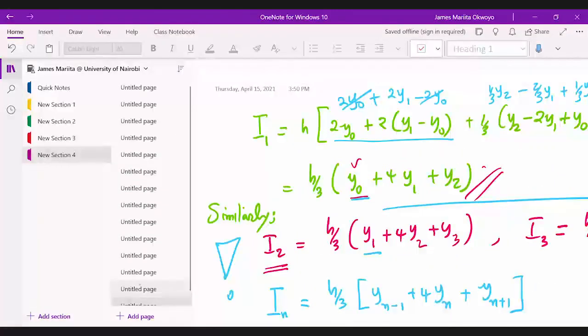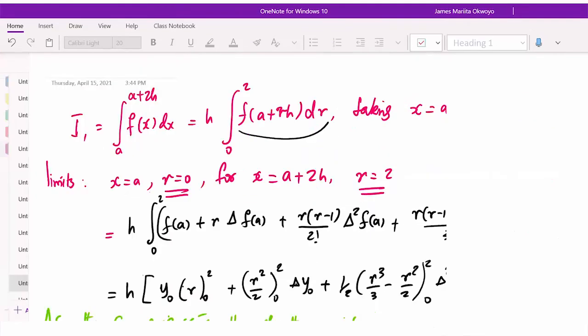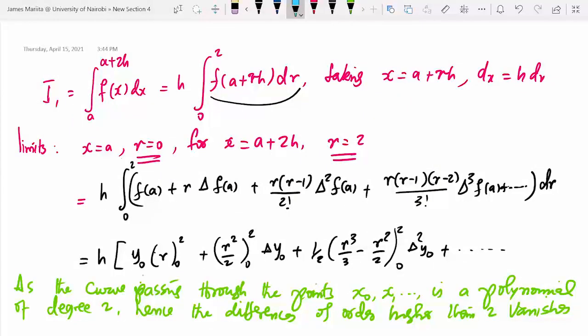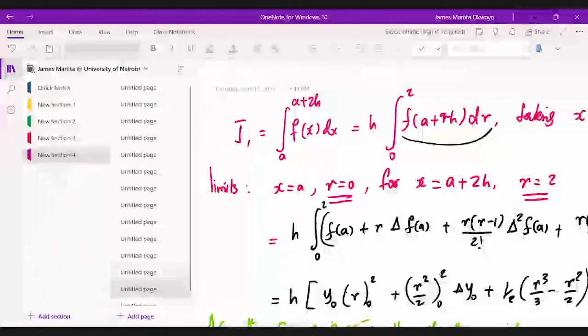We have the limits of integration. So for x is equal to, this was the first one. Then the second one, of course, we'll have to look for the limits. And in that case, we have from x is equal to, sorry, we have it here.